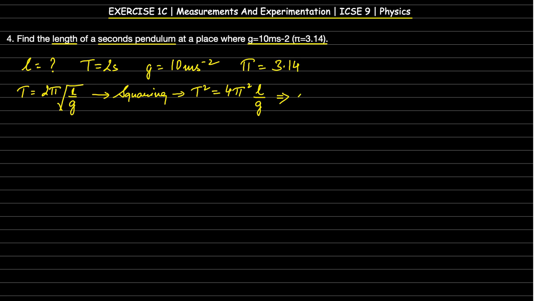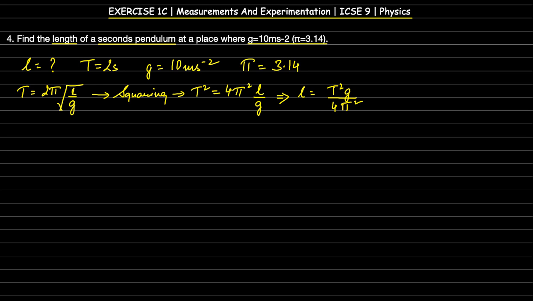We get L is equal to T square into G divided by 4 into pi square. So this is what we get the value of L.